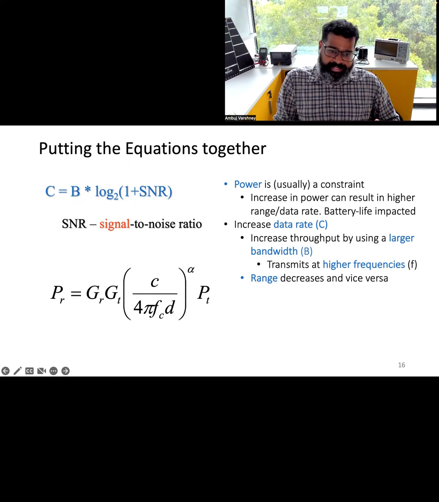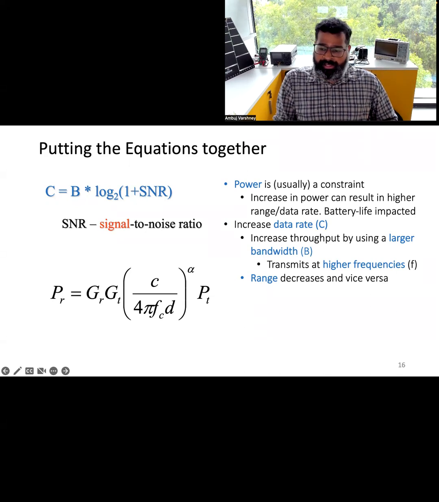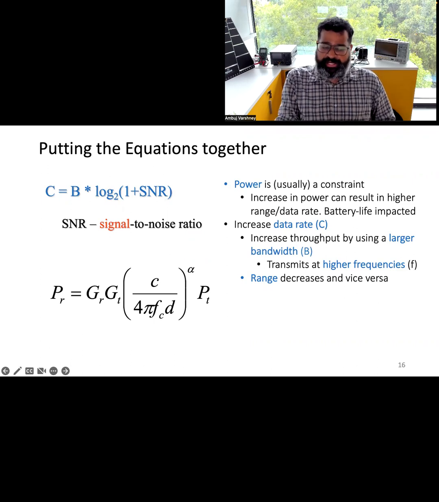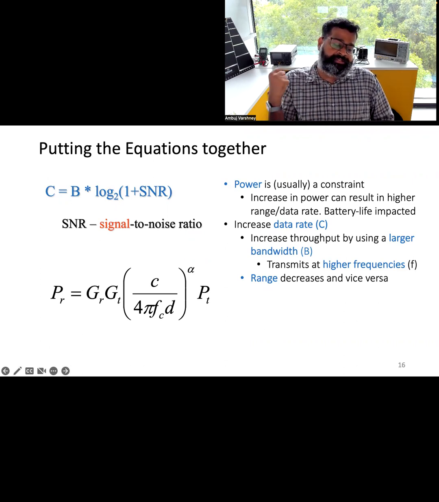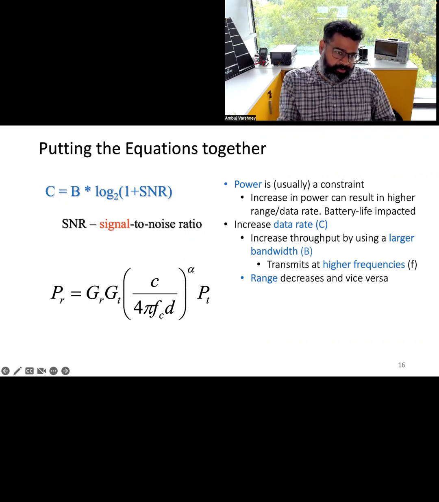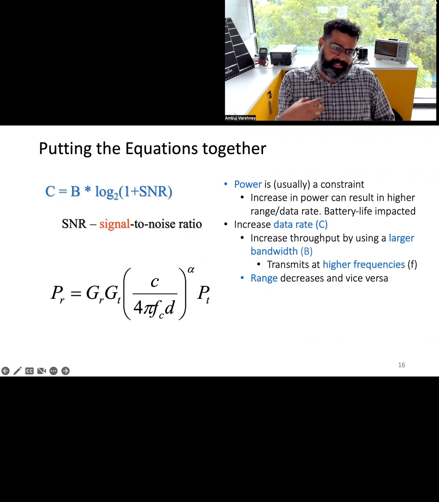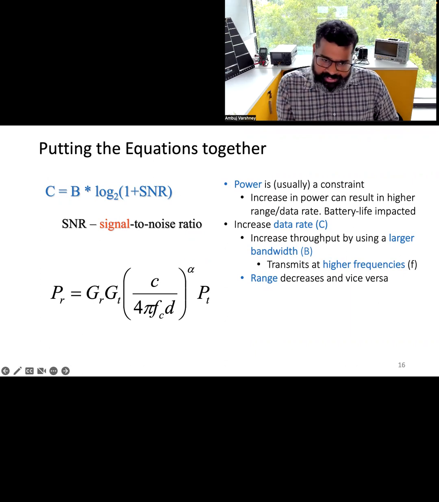There's also another side effect of increasing the bandwidth: it also increases the noise level on the channel, which affects the SNR level. So while you might get an additional boost because of the increase in bandwidth, it also increases the noise level, which means that the term inside the log actually goes down, and your capacity might not scale with the bandwidth as you would have thought.